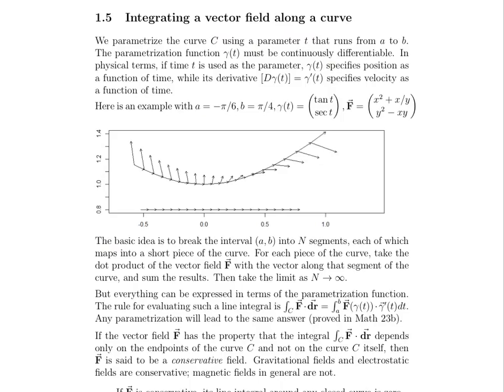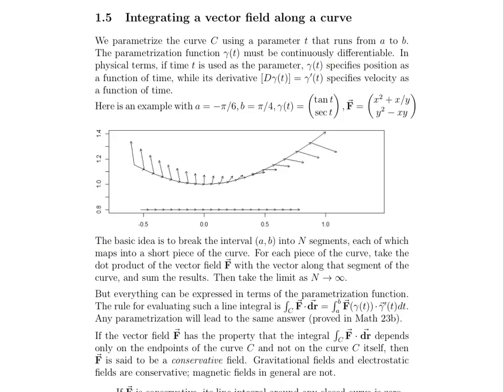So what we're doing is taking the dot product of the vector field with the direction of the curve, and then of course we sum that along all the segments of the curve. If we take the number of segments and take the limit as n goes to infinity, we no longer have an approximating sum, we have an integral that we can actually take.